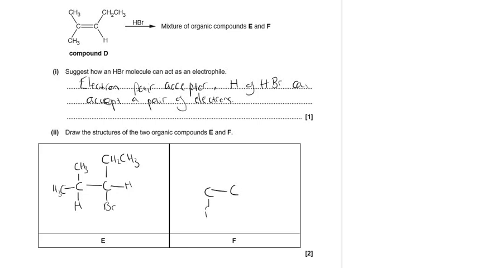And then, quite simply, for the other product, I'm going to draw those 2 central carbons out again. I'm just going to put my bromine on the other carbon, my hydrogen on the other carbon, and then go around and fill out the rest of the structure. And you should be able to see there that we have the correct 2 organic products. Just be careful that you get your connectivity right, so don't have bonds going to hydrogens.